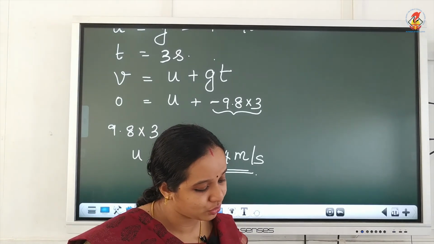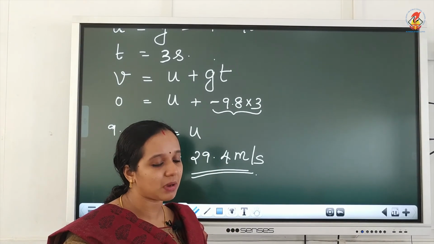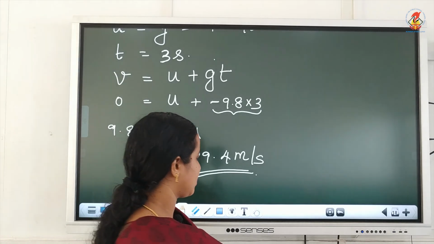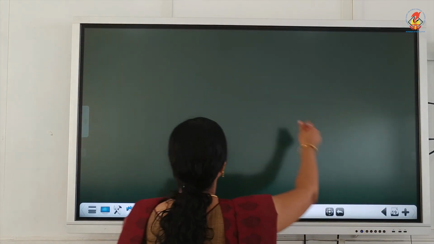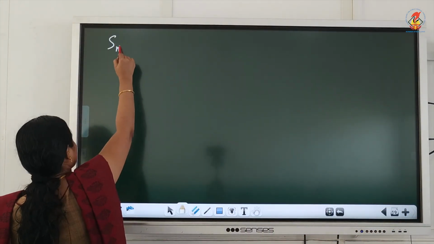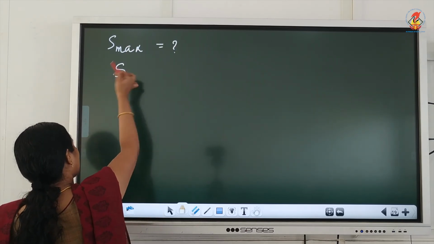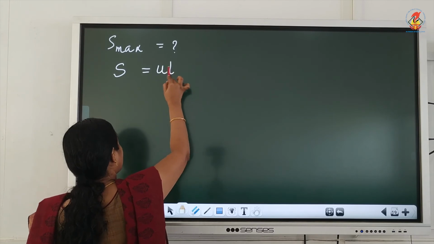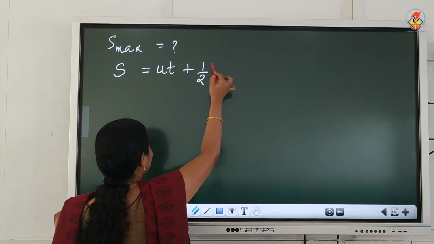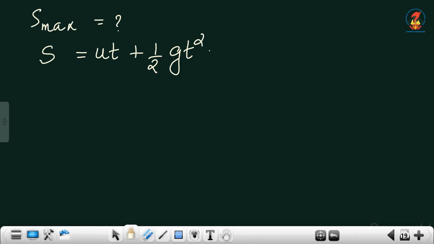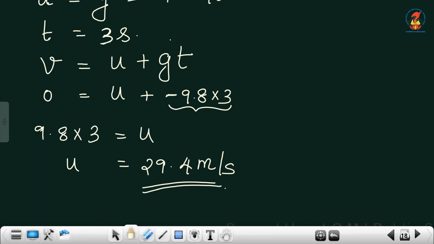Now subdivision 2 is find the maximum height it reaches. You have the formula to find S as ut plus half gt square. Substitute the values. U is initial velocity. We have already found it as 29.4 meter per second.